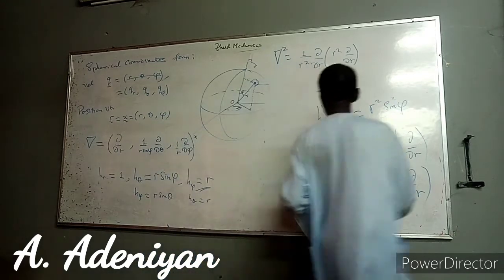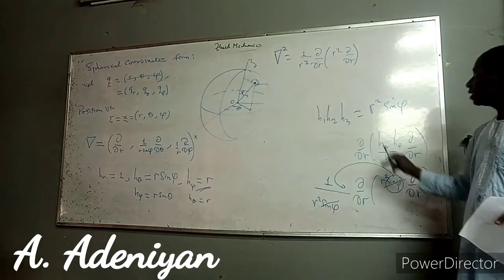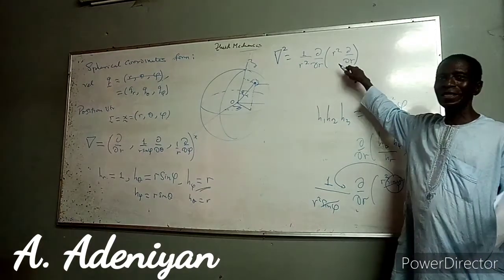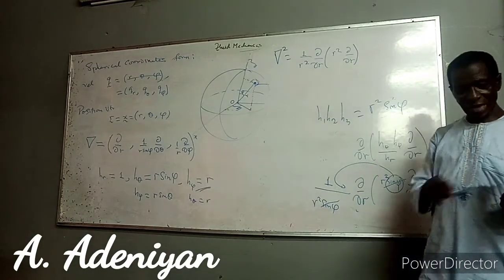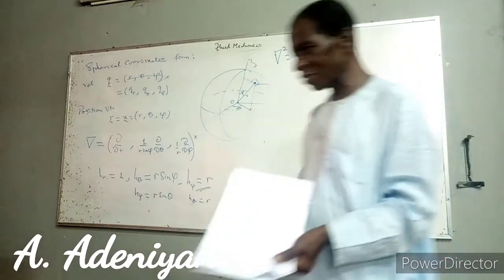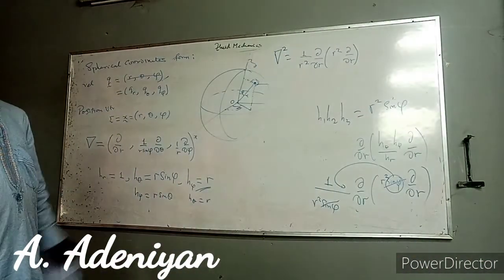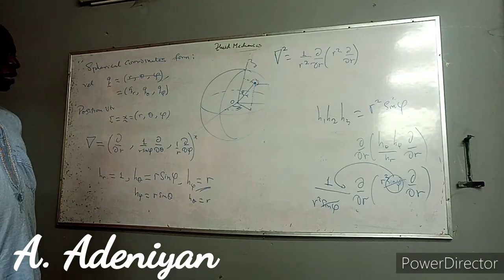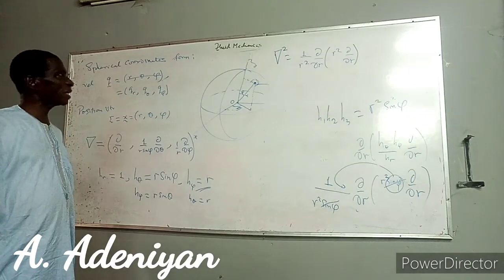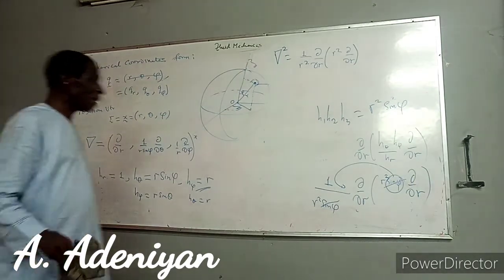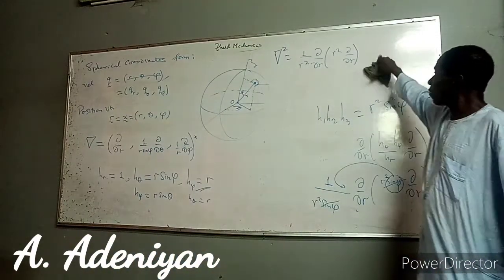So if we expand and this one comes out, this will cancel this. That's the result of this.